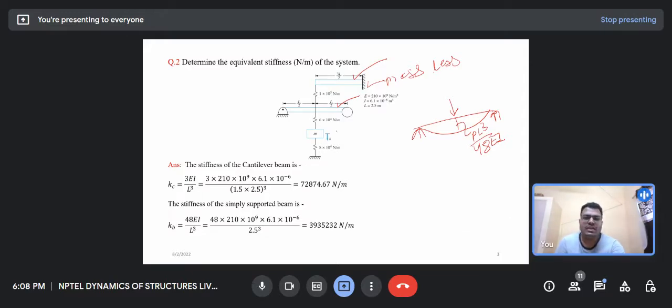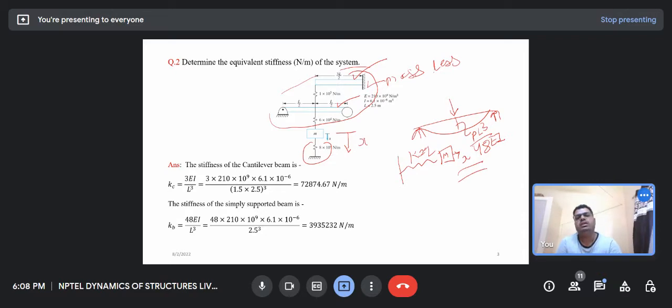The degree of freedom of the system is only in the x direction, so we have to combine everything with respect to the mass block. Then we can tell the effective stiffness. The system will become k equivalent, with a mass block, and the displacement is in the x direction.